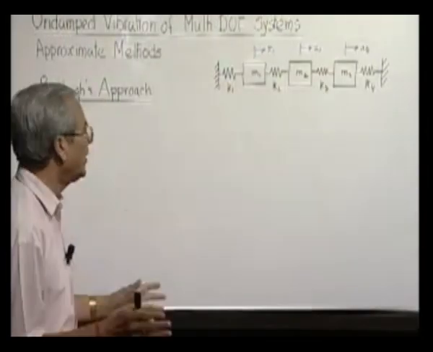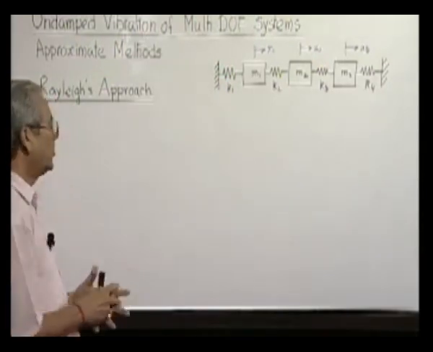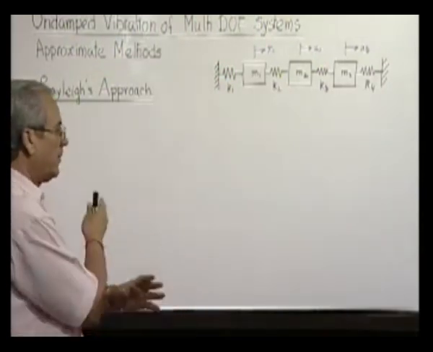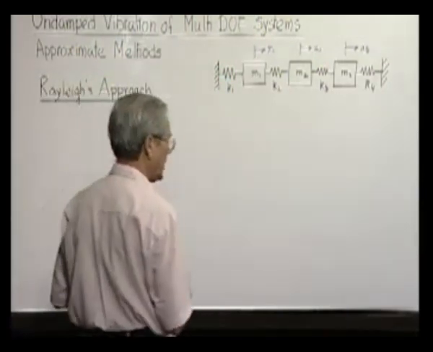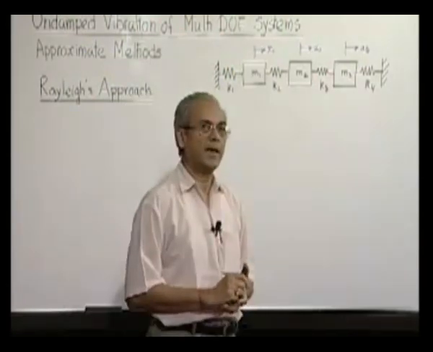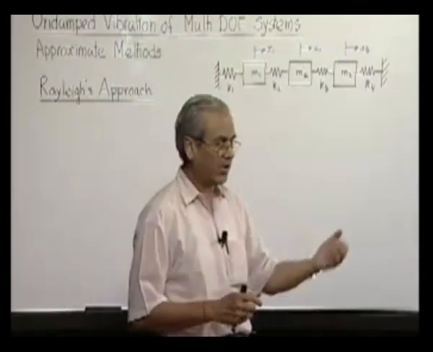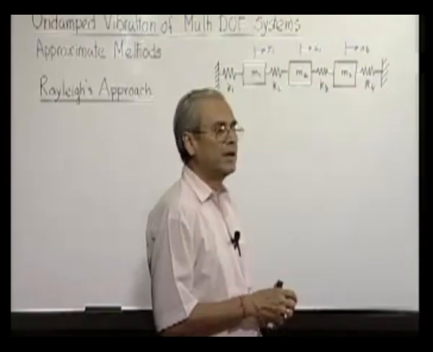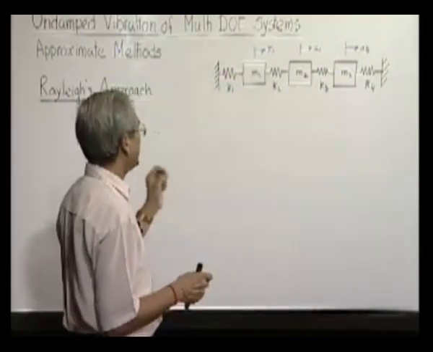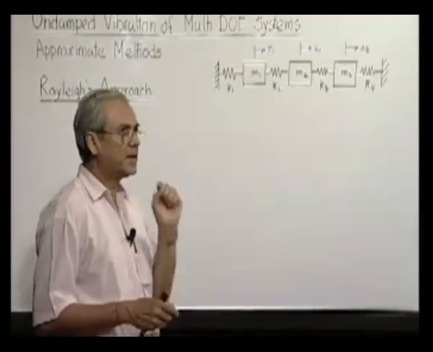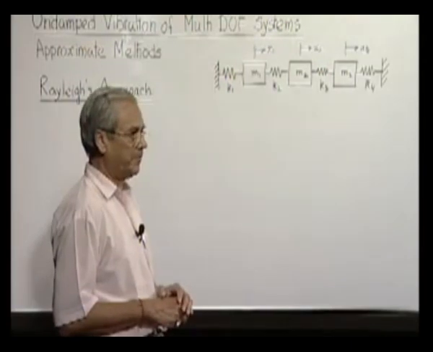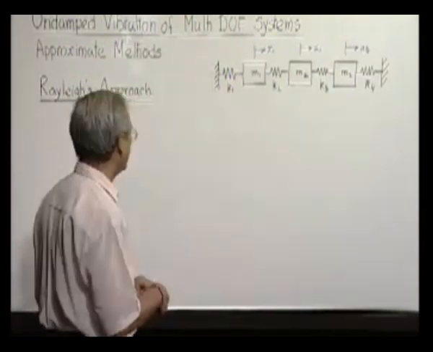Now, under normal mode oscillation condition, we have seen that all masses are oscillating with the same frequency and they are either in the same phase or exactly opposite phase. It means that each mass attains its maximum speed at the same instant of time, which is the maximum velocity of that mass.